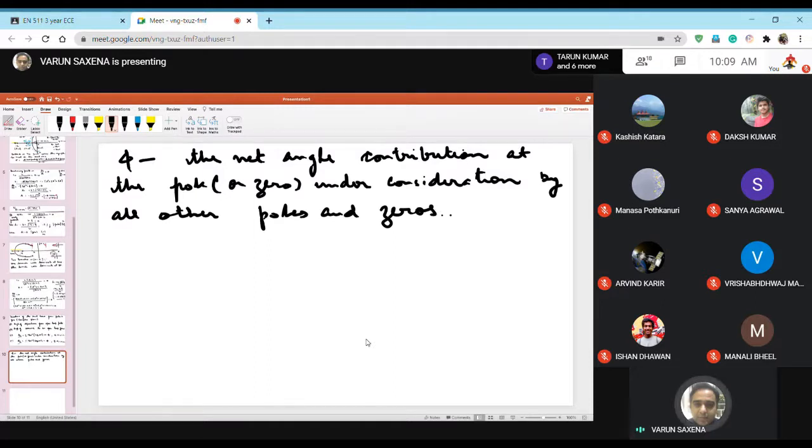That means we'll find out what is the angle that all other poles and zeros are making with respect to this point where that particular pole or zero is kept, from where we are evaluating the arrival and departure.